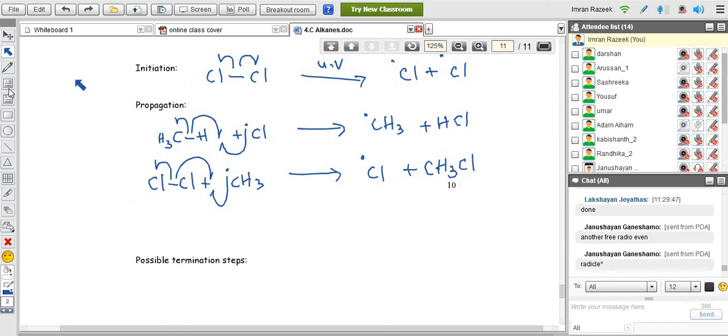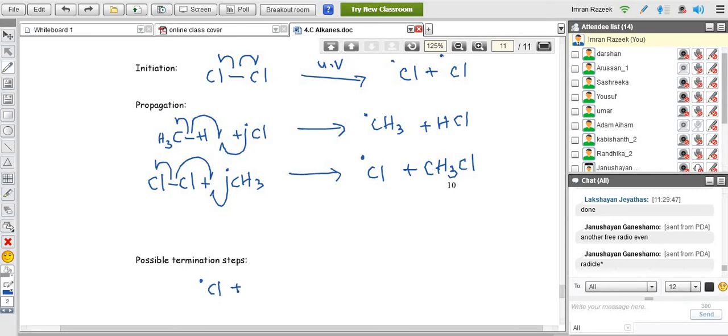And for the termination step, any two free radicals can react and terminate the reaction. Now can you see, I said there are two chlorine free radicals produced initially, out of which one reacts in the propagation step. One chlorine free radical remains, and the remaining free radical and the chlorine free radical produced in the propagation step, those two will react.